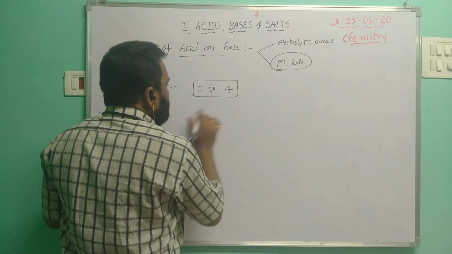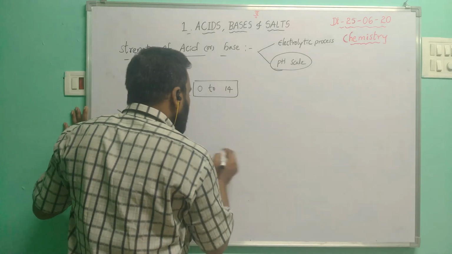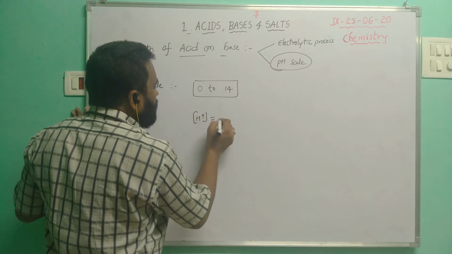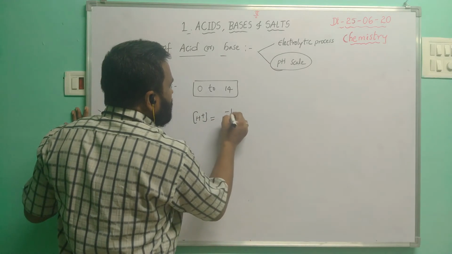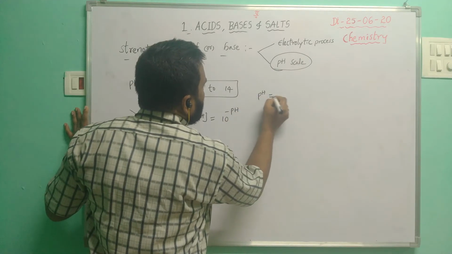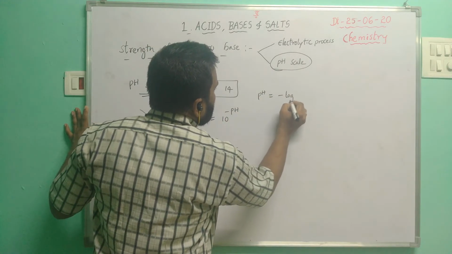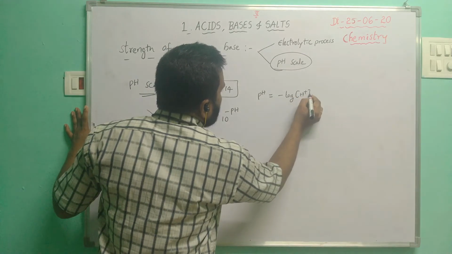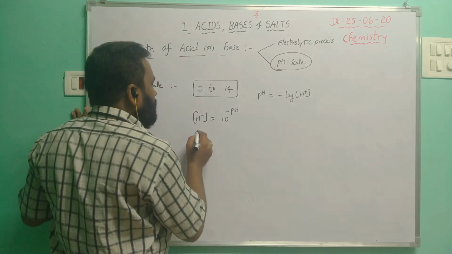H plus ion concentration equals 10 to the power of minus pH. pH equals minus logarithm of H plus ion concentration.